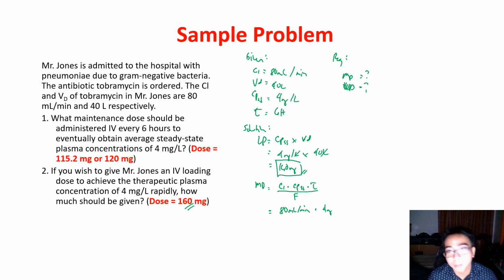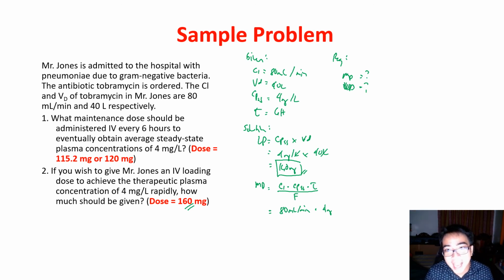Oh, dito tayo magkakaproblema ngayon. Kasi ang ating clearance is in ml per minute, ang ating CPSS is in milligrams per liter. So, pili ka, ano yung convert mo?